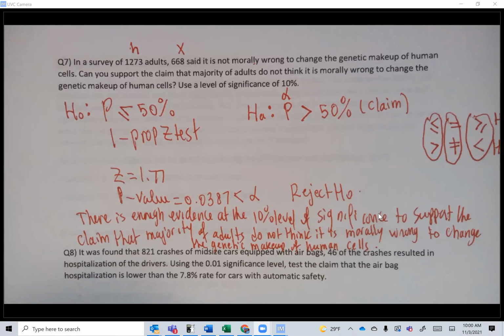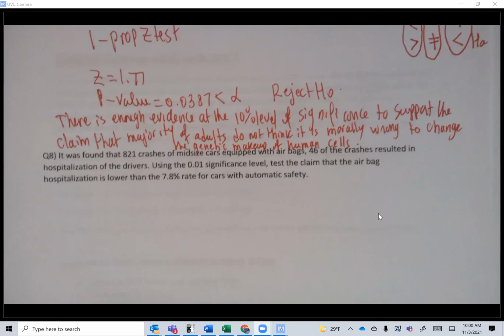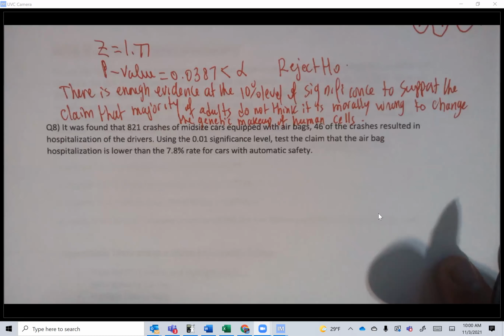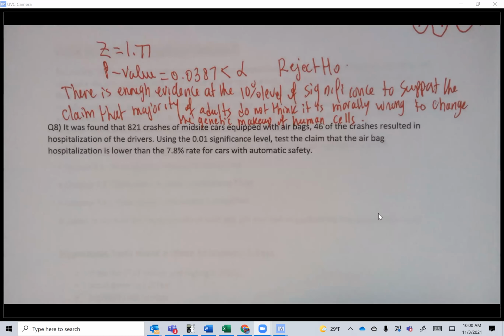All right. So we did quite a bit about the proportion. We have one more, and then I'll give you a break after this. It was found that in 821 crashes of mid-sized cars equipped with airbags, 46 of the crashes resulted in hospitalization of the drivers. Using the 0.01 significance level, test the claim that the airbag hospitalization rate is lower than the 7.8% rate for cars with automatic safety.